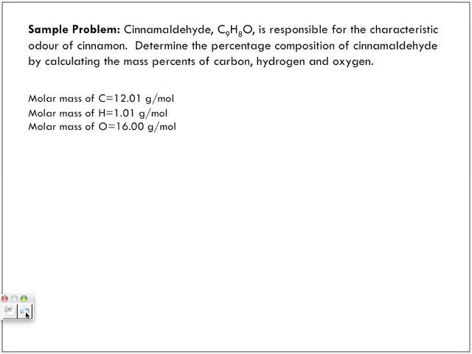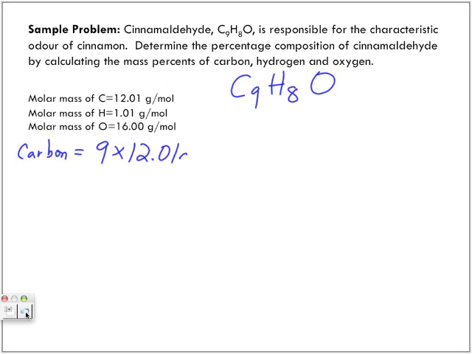So what do we have? We have C9H8O. Let's find it for carbon. We know that we have how many carbons? 9. So 9 times 12.01 grams per mole.